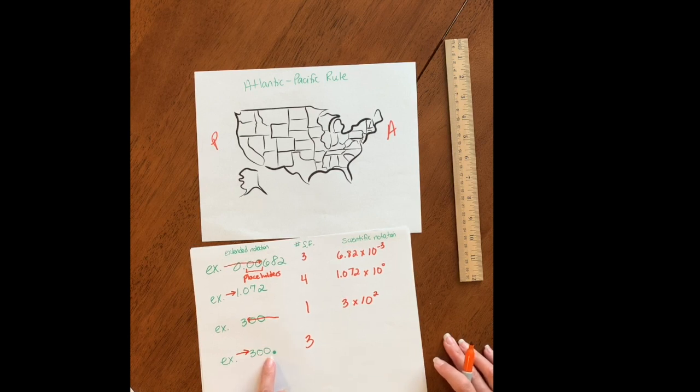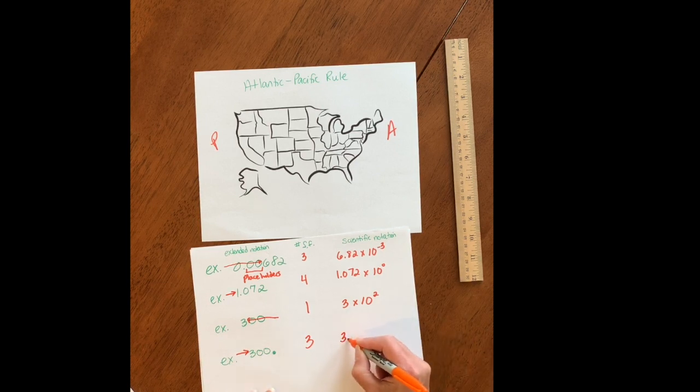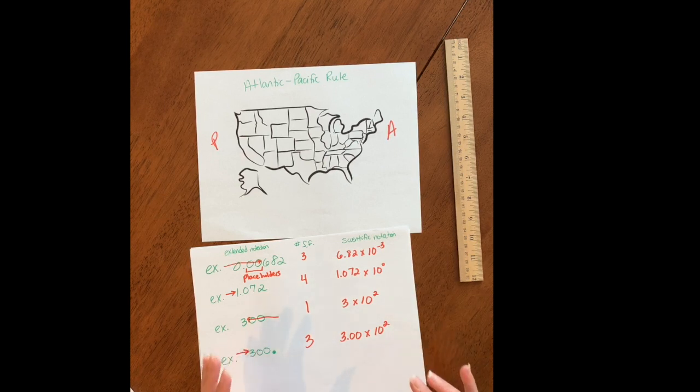Since these are significant, they're not just placeholders. We are going to write it 3.00 times 10 to the 2. And again, all these numbers are going to reflect the degree of certainty that we have in a measurement. And sig figs are all certain numbers plus 1 estimate.